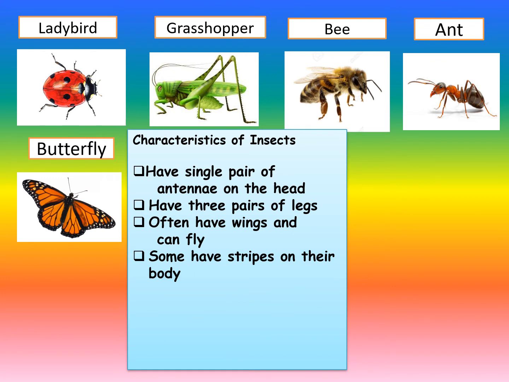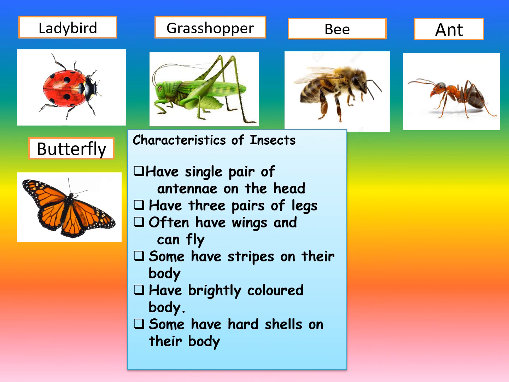Some have stripes on their body, have brightly colored bodies, and some have hard shells on their body. So this set of characteristics of insects is what we call an identification key. With this identification key, we're going to identify each insect: the ladybird, grasshopper, bee, ant, and butterfly.